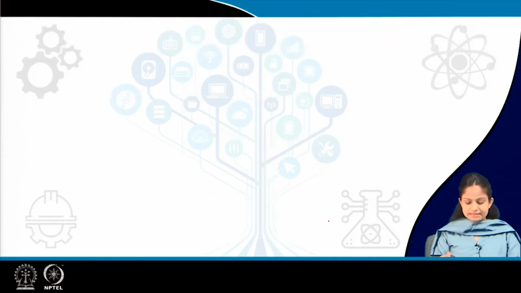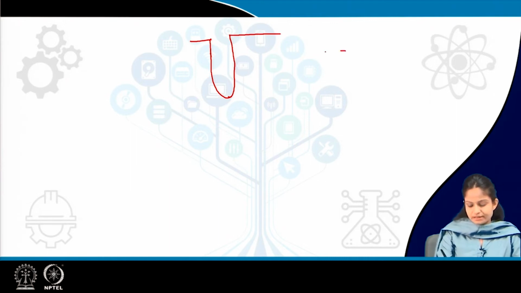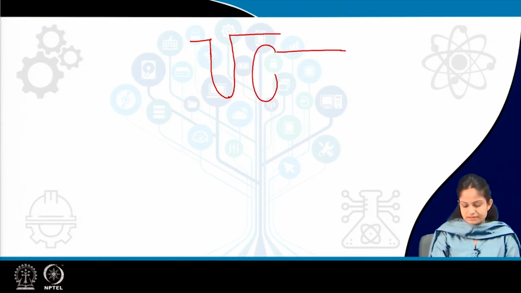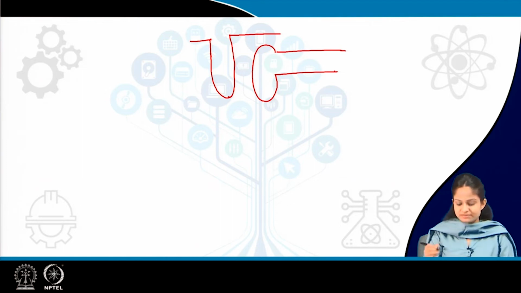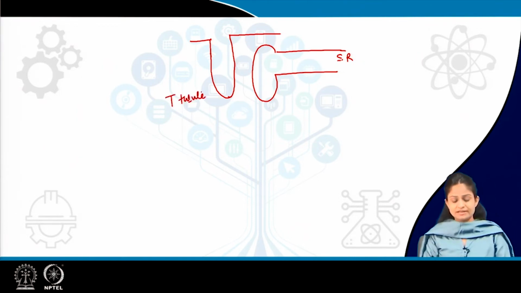So, what we can see, most of the things have already been discussed. Suppose this is the T tubule and this is the cisternal end of the sarcoplasmic reticulum. So, this is the sarcoplasmic reticulum and this is the T tubule, the invagination of the sarcolemma.